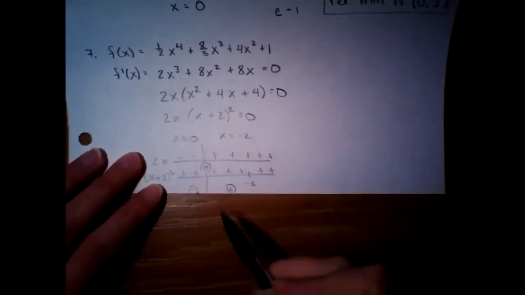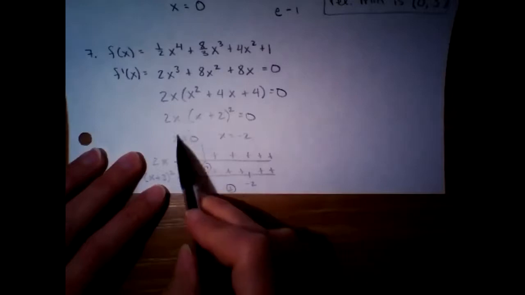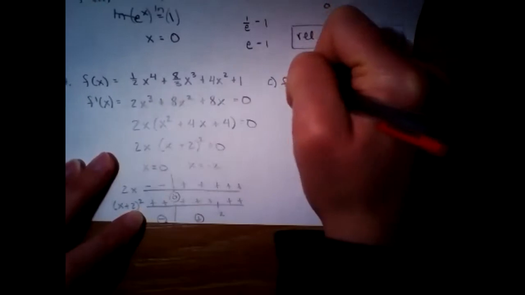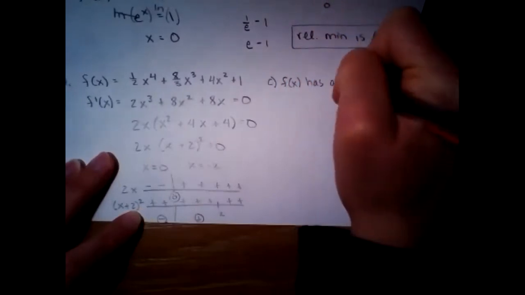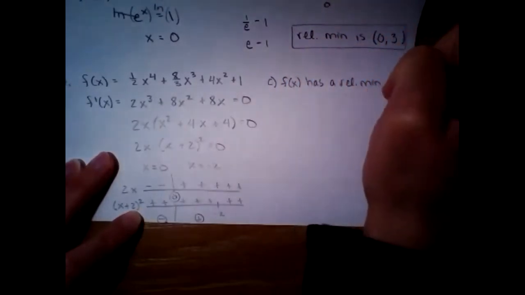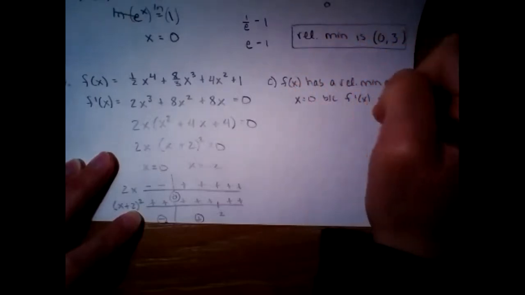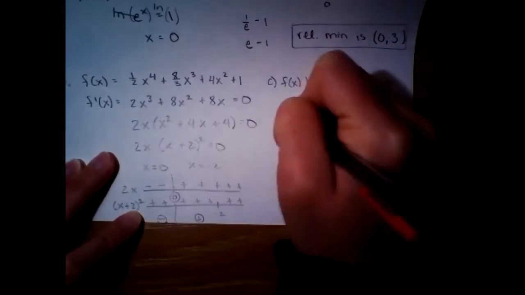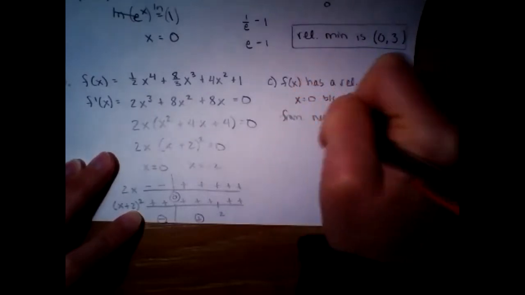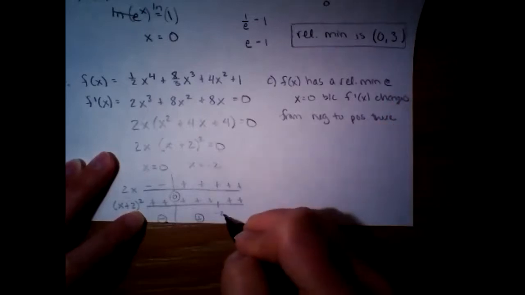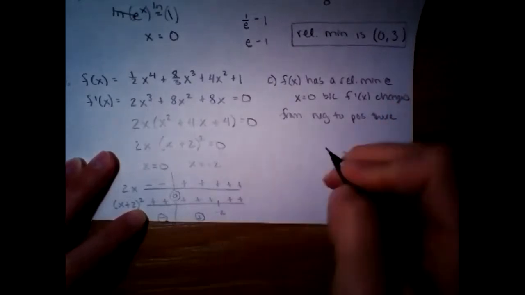So part C, I'm asking for a sentence for each of these critical points. Let's do 0 first. f of x has a relative minimum at x equals 0 because the derivative changes from negative to positive there. And then for -2, there is no change, it stays positive there.